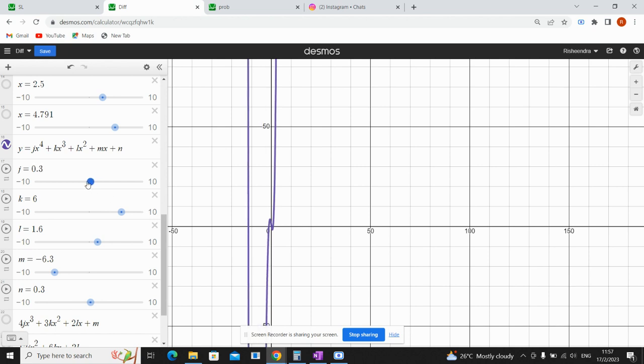If the j value is negative, it will have a lower point. It has a minimum point, and if the j value is positive, it has a maximum point. Just look at here how it works. Stretching, let's see the graph being like this.